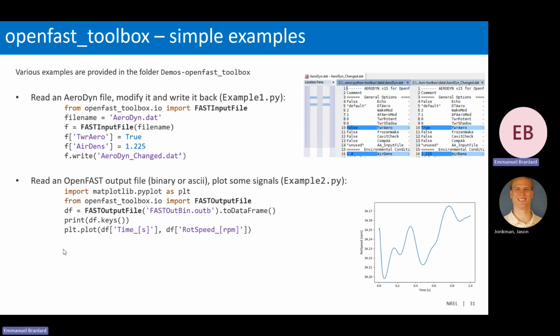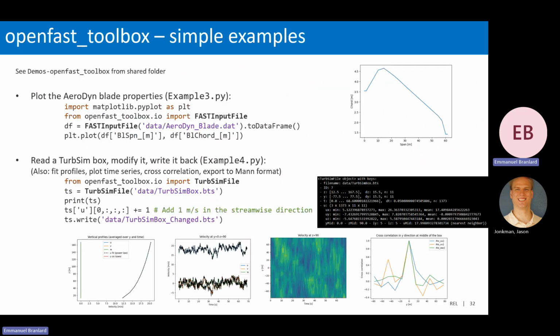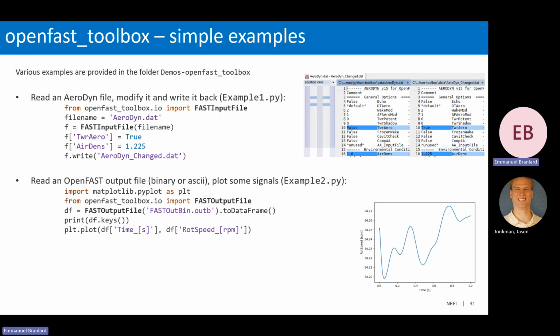I give you a couple of examples that I'm going to go through in the folder called demo OpenFAST toolbox in the package. Example 1 is how to read an AeroDyn file and change it. Let's say you want to change the density.